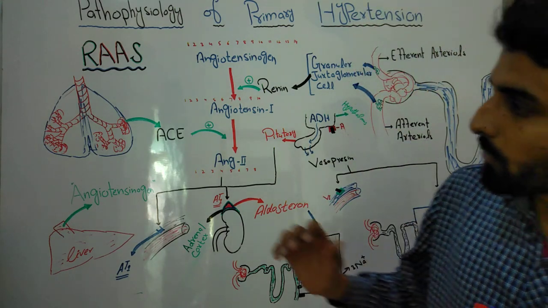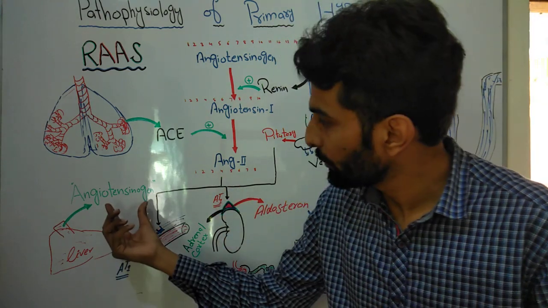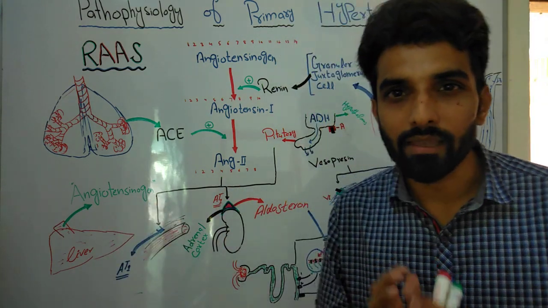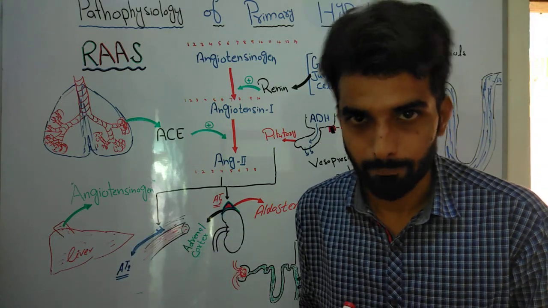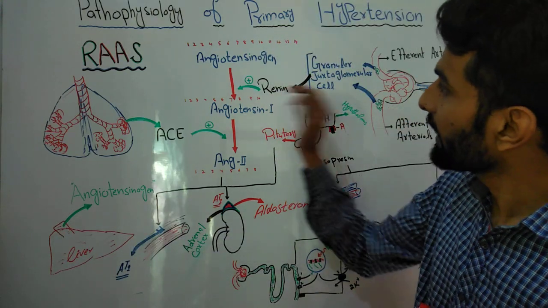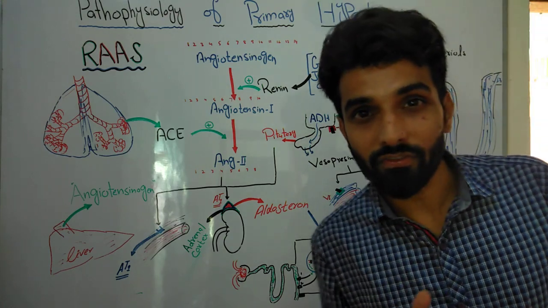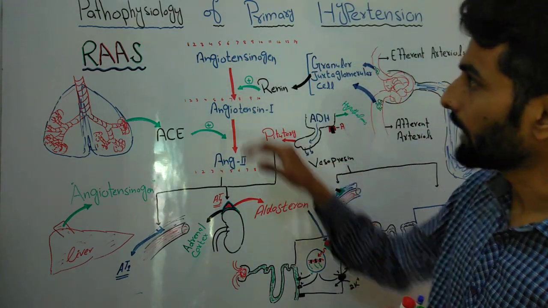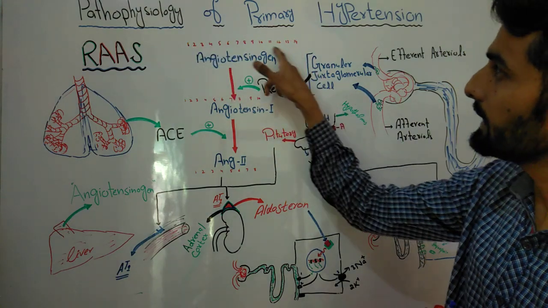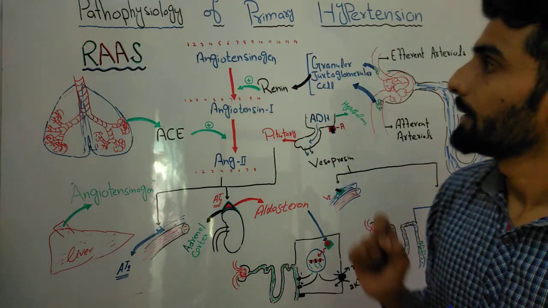Now let's talk about another important protein, angiotensinogen, that is released from the hepatocytes, the liver cells. Renin is basically responsible for the conversion of angiotensinogen, which is approximately a 14 amino acid protein.